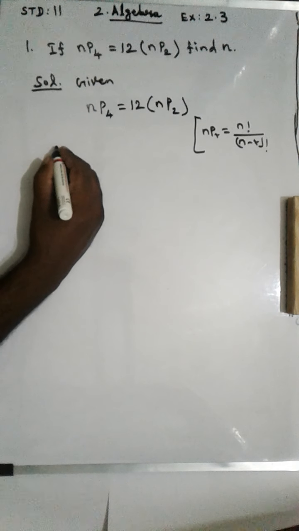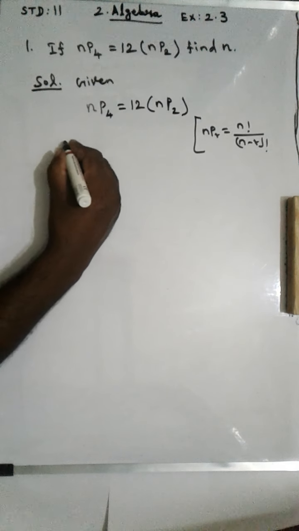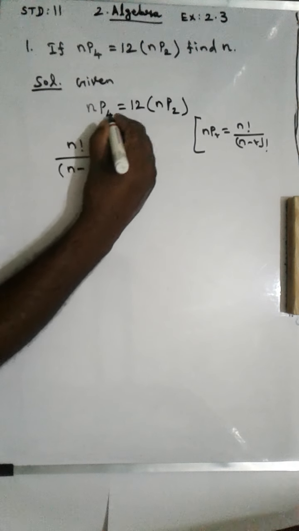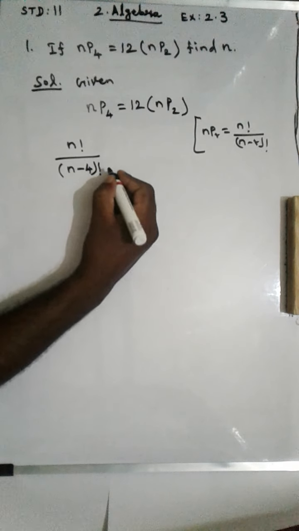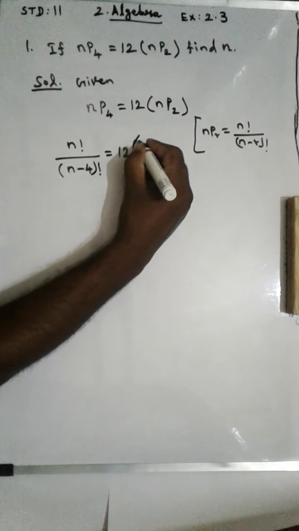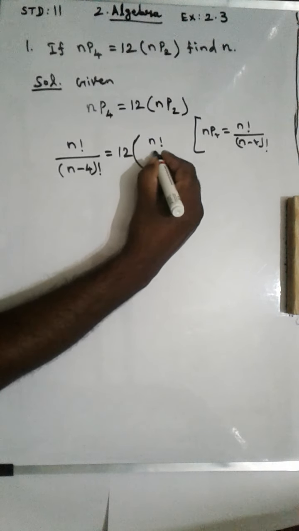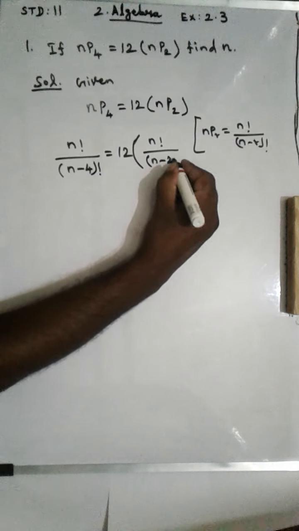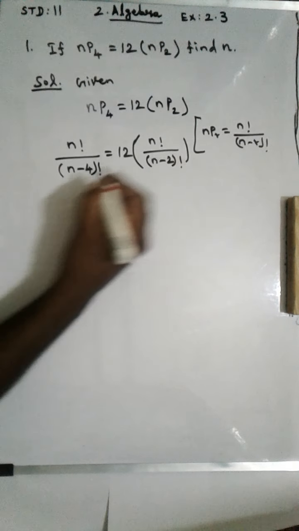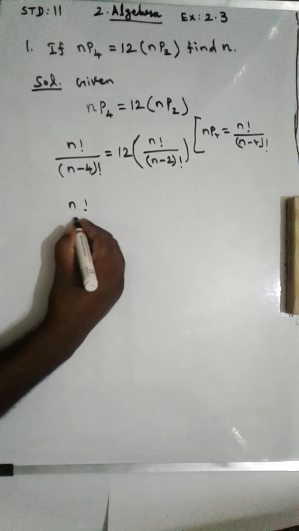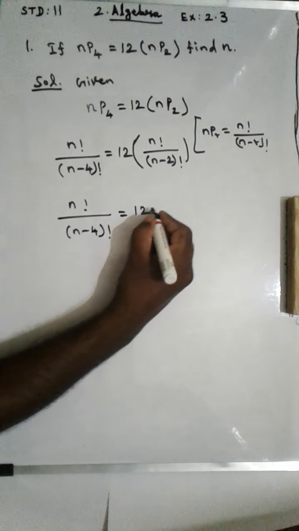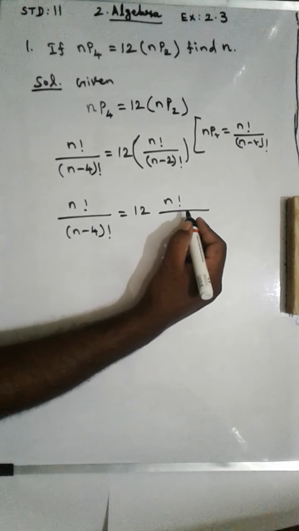We use this formula here. nP4 is n factorial divided by (n minus 4) factorial, equal to 12 into nP2, which is n factorial divided by (n minus 2) factorial.